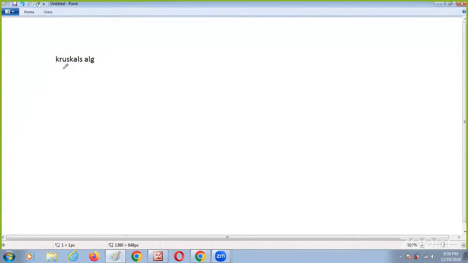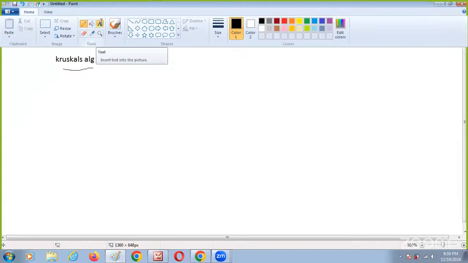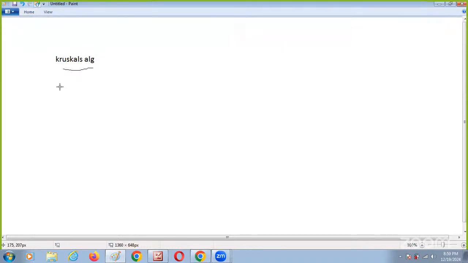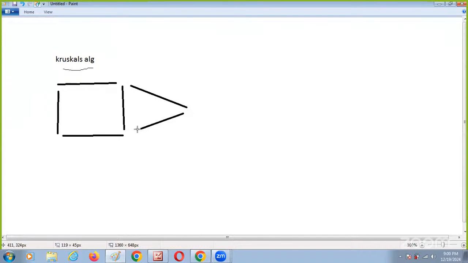In this Kruskal's algorithm, we are going to work with a graph like this. And I have some more edges like this, I'm adding.